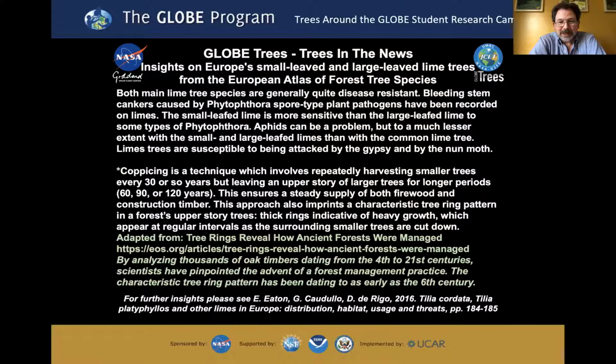Basically, what this does, by harvesting small trees and leaving an overstory, is create a distinctive tree ring pattern where the larger remaining trees have a growth spurt because there's less competition for nutrients in the soil, et cetera.